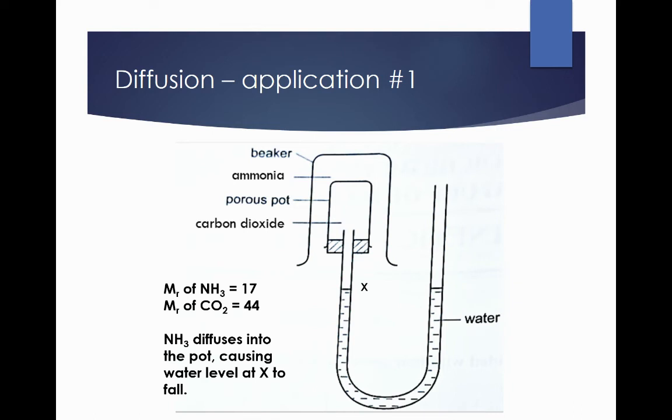This means that the water level will rise up again to level X. But this is going to take place much later. Usually the question will want you to think about the immediate change in the water level, and the immediate change would be dependent on the MR of the two gases.